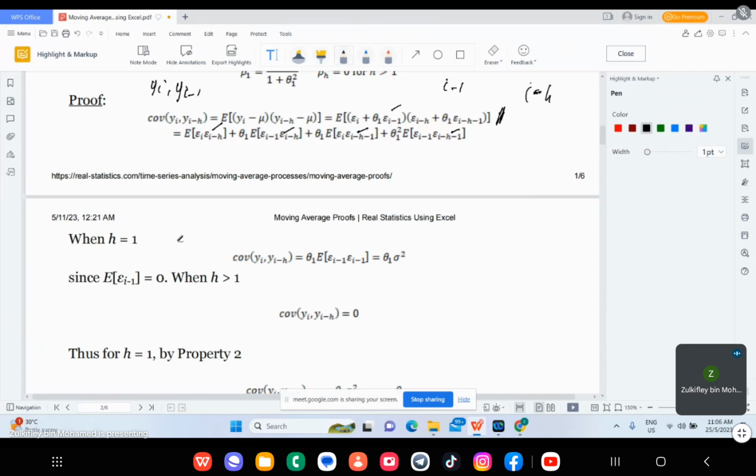So the covariance for MA(1) is equal to expectation.